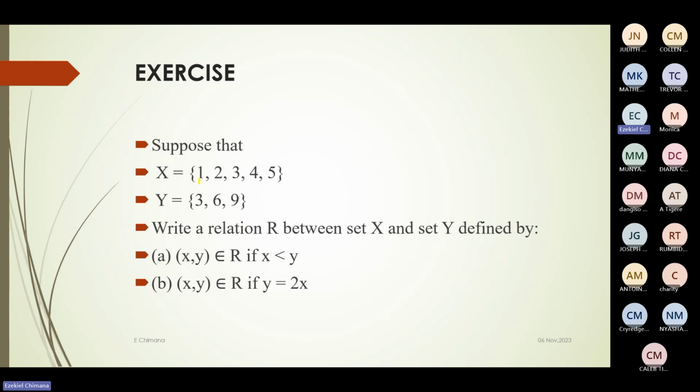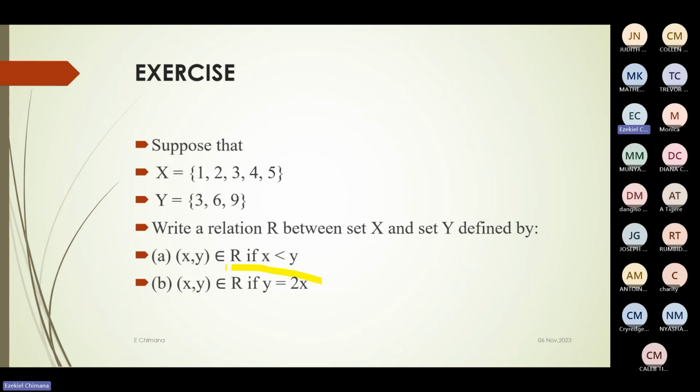Like here, (1, 3) will be part of that relation. (1, 6) will be part of that relation because 1 is less than 6, and then (1, 9) as well. (2, 3), (2, 6), (2, 9). (3, 3) is a no because 3 is not less than 3. And then (3, 6), yes, and then (3, 9), yes. (4, 3) is a no because 4 is not less than 3, just like that.